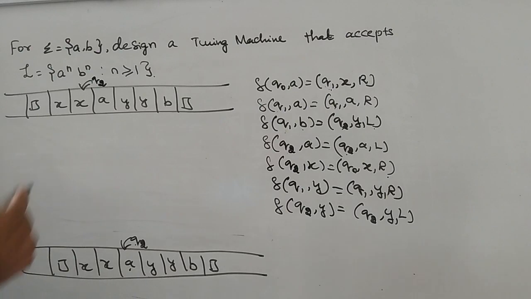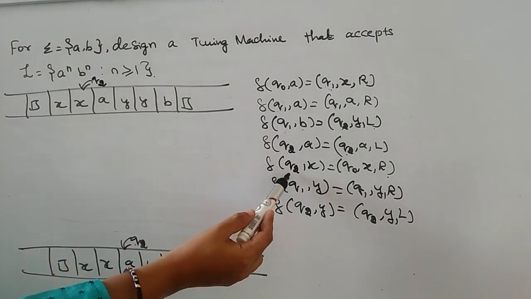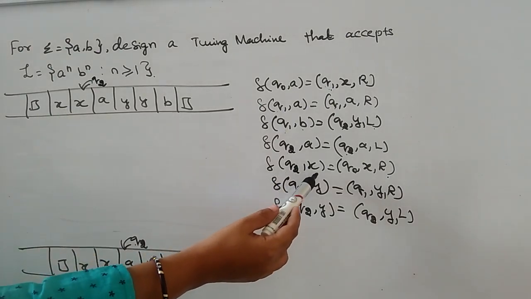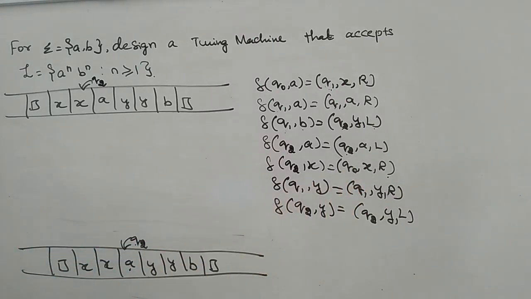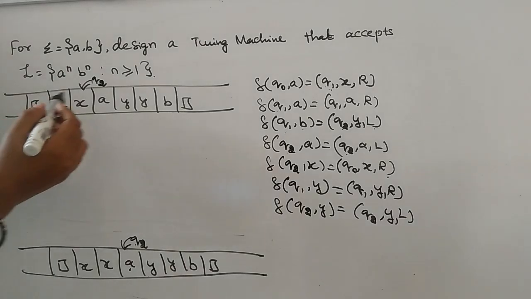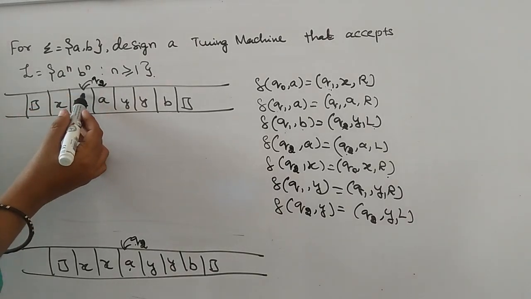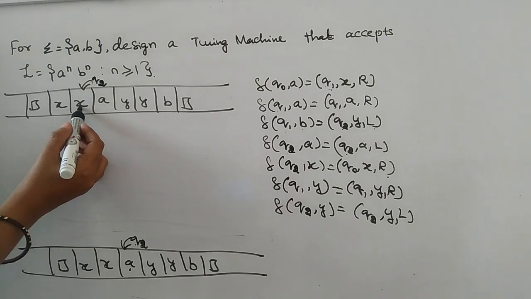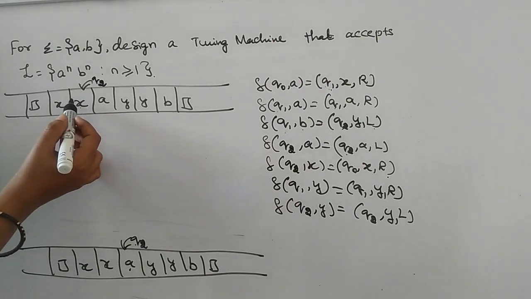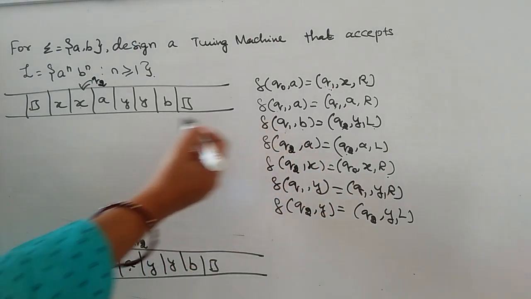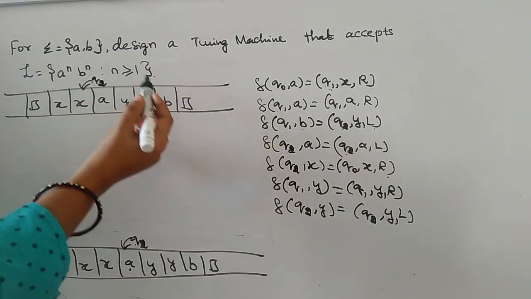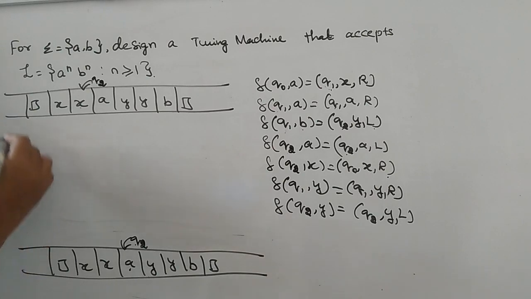Now you consider here, already we are having the transition delta of q2 comma x equal to q0 comma x comma r. That means once the machine is in the state q2 and the read write head is pointing to the symbol x, your machine will be shifted to the state q0 by the time the read write head is moved towards right.